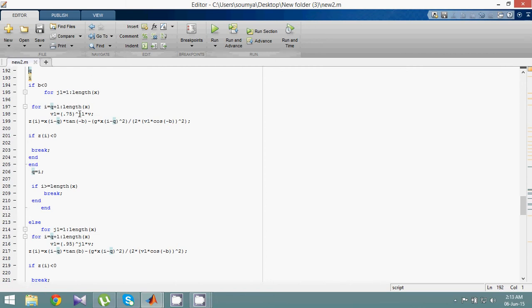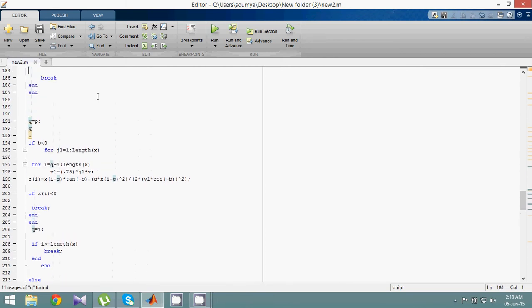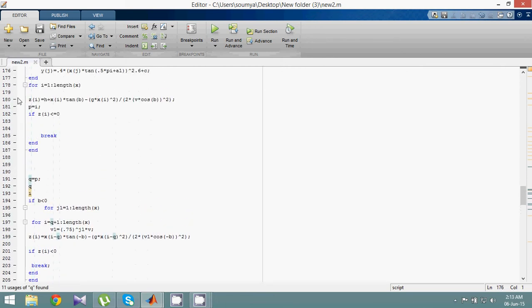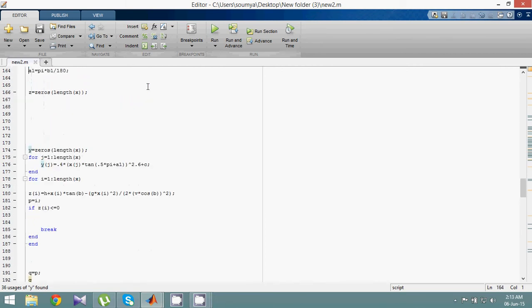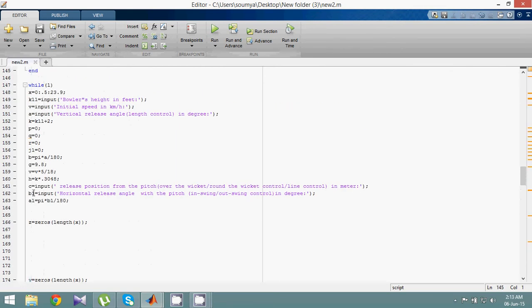Until then the ball is going to bounce, and this is going to count the bounces. So that's basically that, and y is another function to calculate the in-swing and outswing. That should be a straight line, right? So y equals x tan theta plus c. C is, you can see in the input, the release position from the crease.